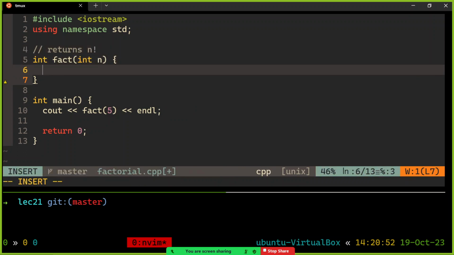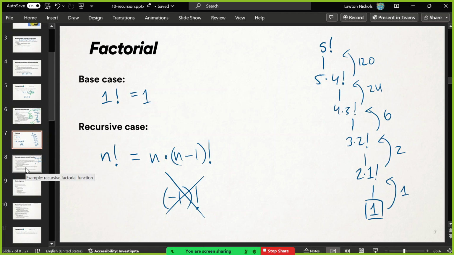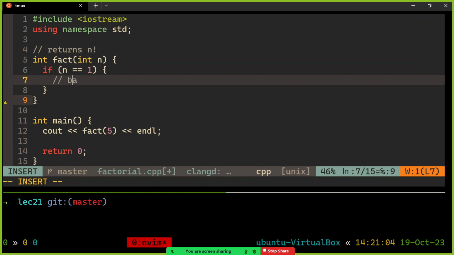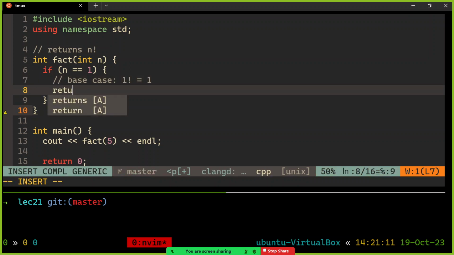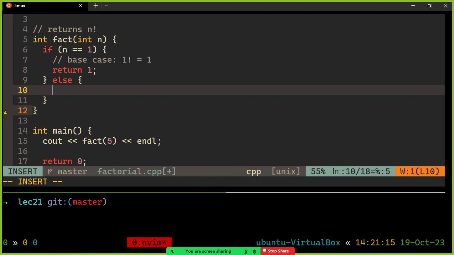And so our goal is to figure out which case are we in first, because we don't know which do we return. So we've got to figure out, are we in the base case or the recursive case right now? So we're in the base case if n is 1. We ask for 1 factorial in that case. Base case 1 factorial is just 1, return 1. Otherwise, else, we're in the recursive case.